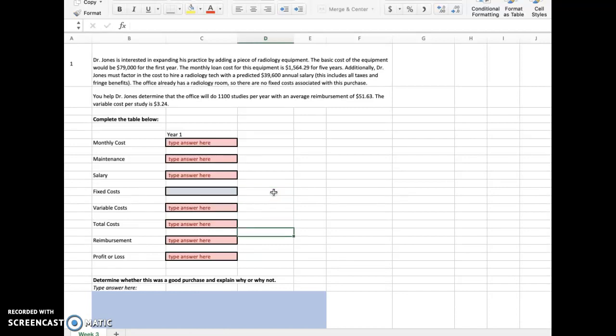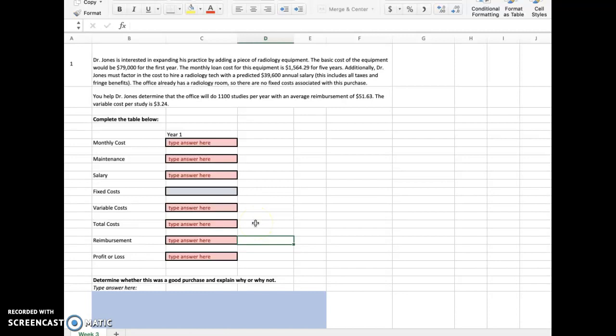And then when it gets down to the total costs, you're going to add up all the costs, and then for reimbursement, you're going to calculate the estimated reimbursement, which is based on the number of studies times the average reimbursement. And then you're going to subtract the total costs from the reimbursement to see if there's a profit or a loss.